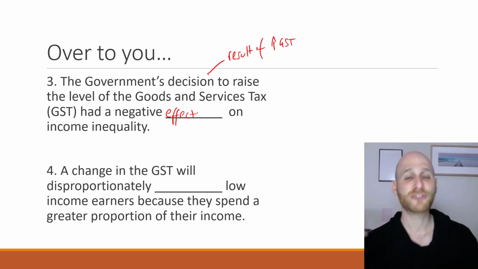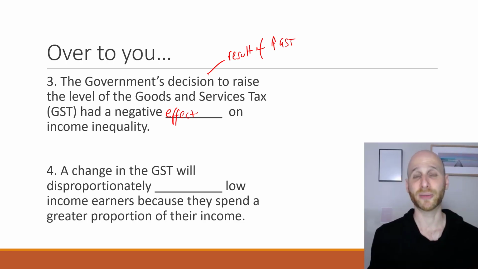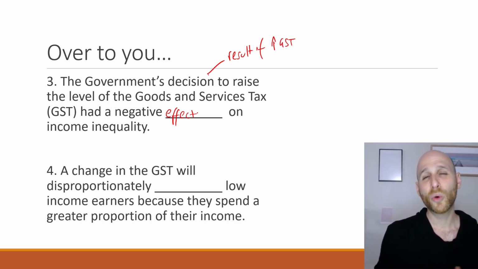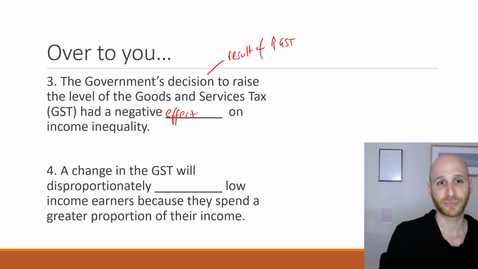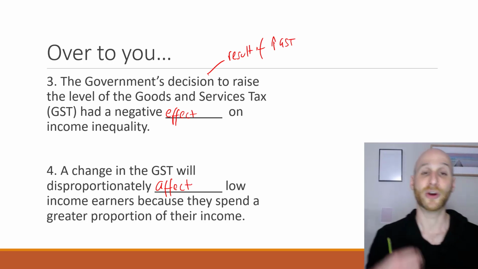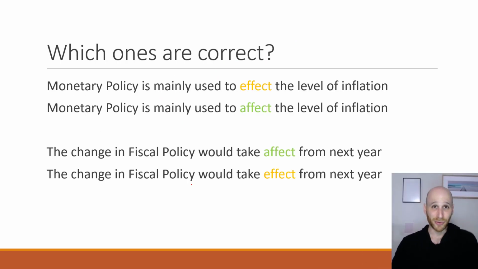Now, number 4, a change in the GST will disproportionately something. So we're looking at what will the change do? What is going to influence or affect low-income earners? So effect and affect.